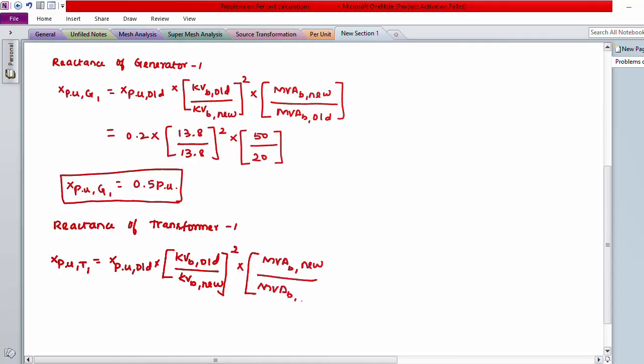For all the cases, we have to use this formula for all the components.